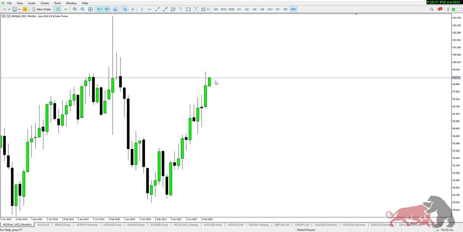So the draw on liquidity right now on dollar index is the high of March, which is coming in at 99.46. So we need to highlight March high. That's coming in at 99.46.